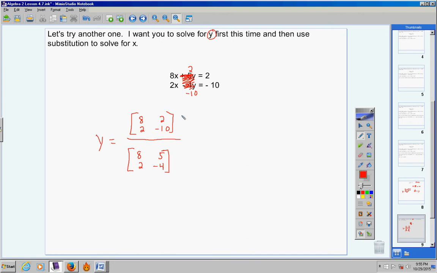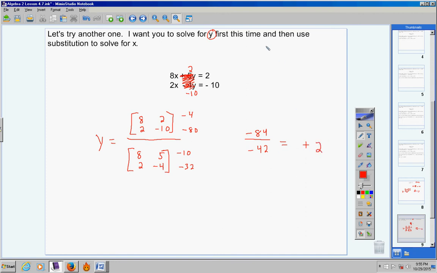That would be 4, so I'm going to put a -4. Let's multiply down. That's a -80. Combine those and we get a -84. Multiply up, I get 10, so I'll put a -10. Multiply down, I get -32. Combine those two and I get a -42. So negative over a negative is positive. 84 divided by 42 is 2.